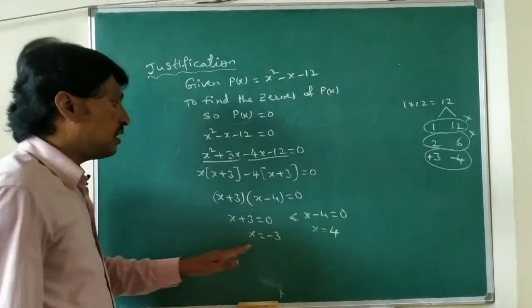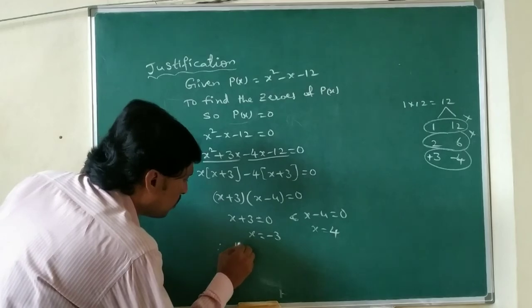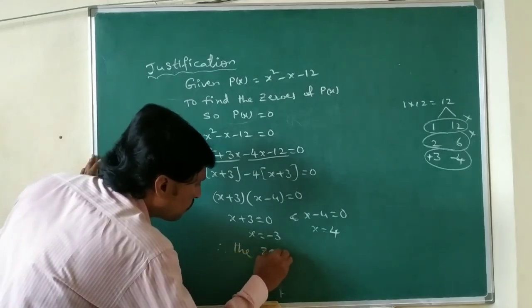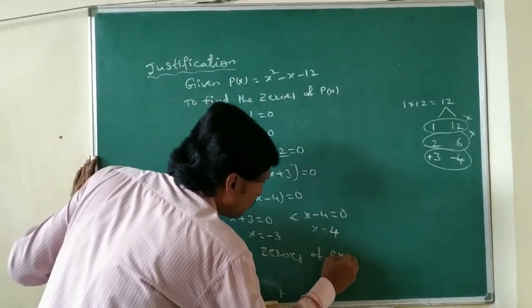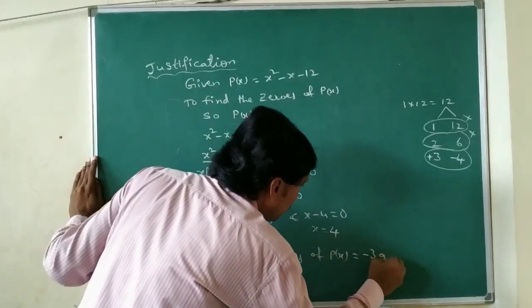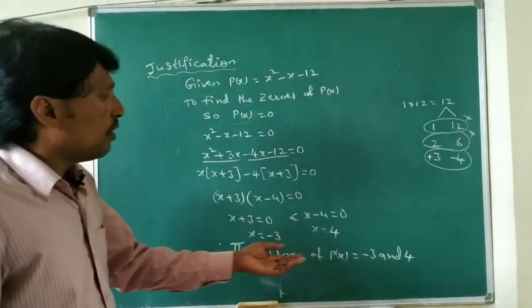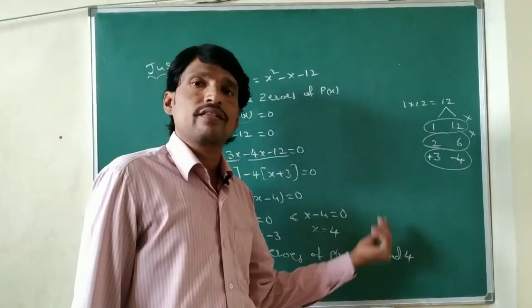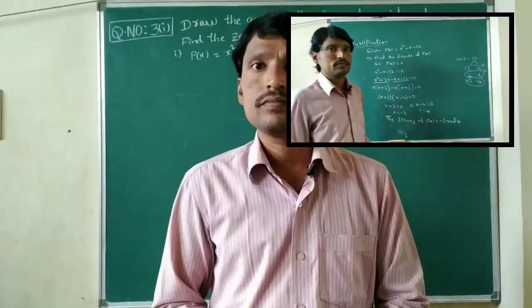So here we got the zeros minus 3 and 4. Therefore, the zeros of p of x are minus 3 and 4. From the graph also we got minus 3 and 4 only. In both ways we got the same zeros.